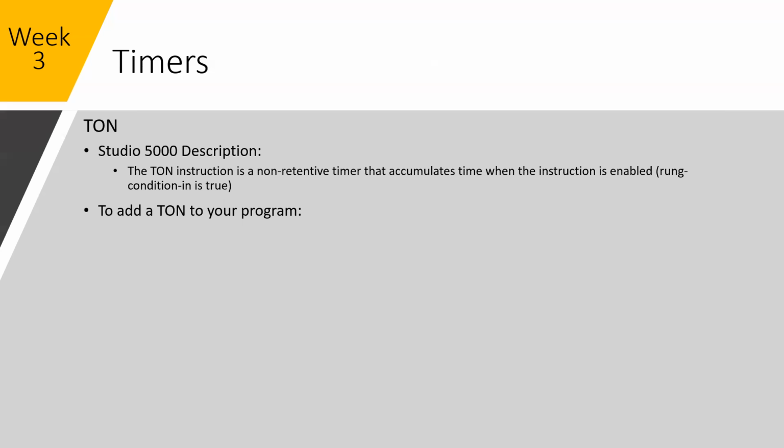Whatever condition comes into the input, as long as that is true, the timer will accumulate time, so the accumulation will go up. If there is a timer timing bit programmed somewhere, it will be true while the accumulator is running. Once the accumulator reaches the preset, the done bit will become true. Unlike the example of the counter, which only executes on a rising edge once, the timer will run continuously.